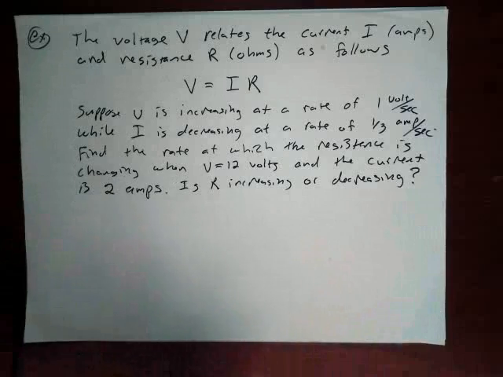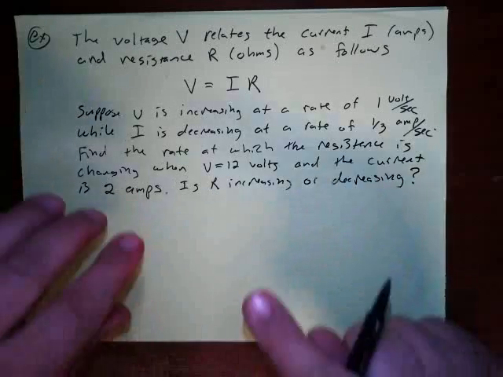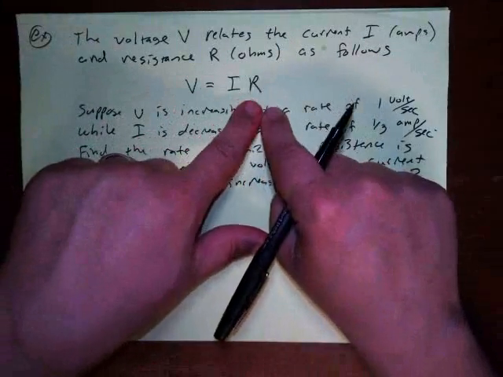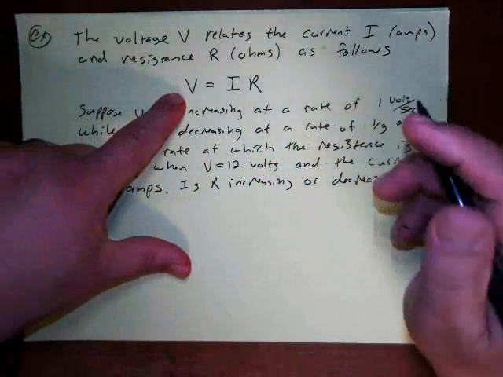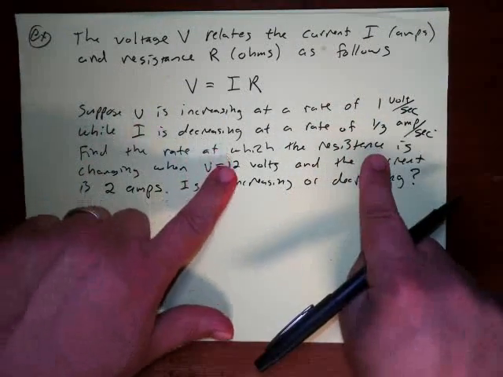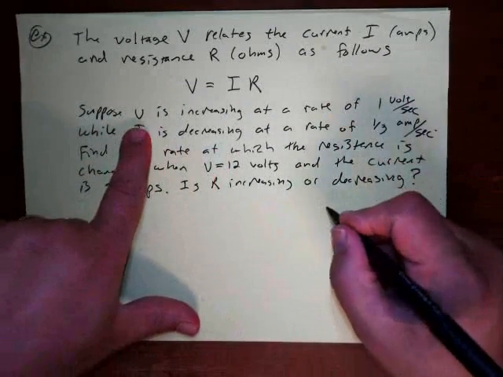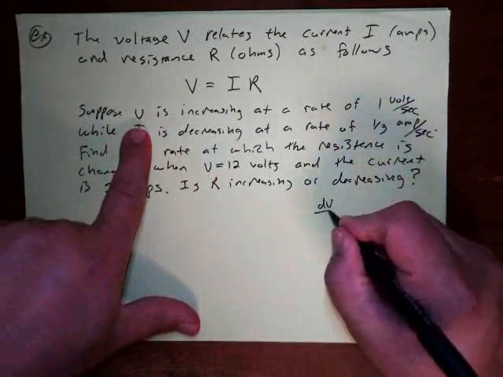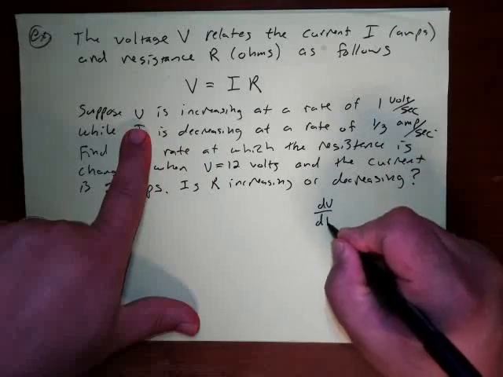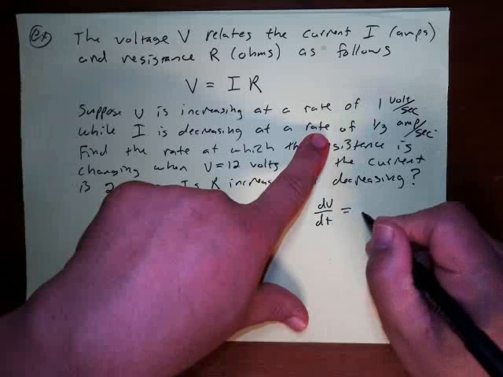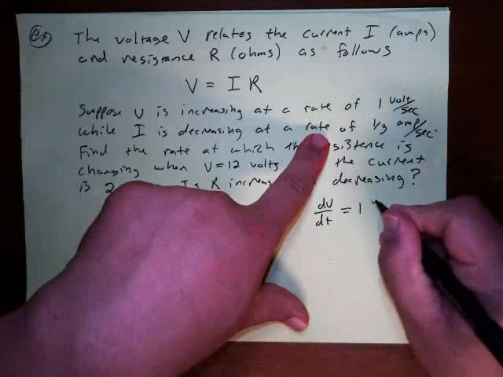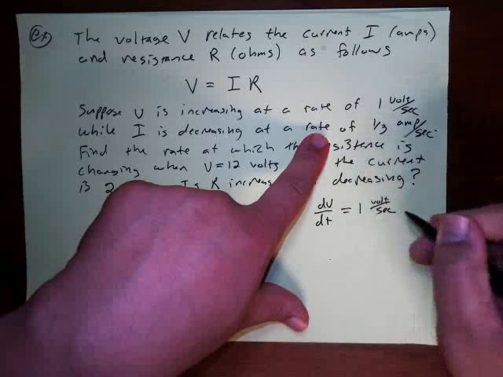So let's see if we can put this all together here. So we have V, I, and R. We actually have 3 variables here. And in here it gives us some information. It actually tells us dV/dt. The voltage is increasing at a rate of 1 volt per second.